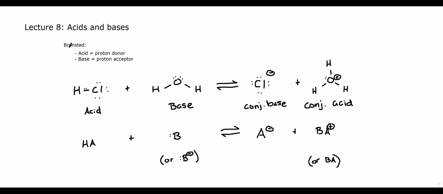When we consider the HCl bond, remember it's polarized towards chlorine, right? There's a dipole towards chlorine. What does that mean? That means that hydrogen is partially positive and chlorine is partially negative. So we have a partially positive hydrogen and a partially negative chlorine.